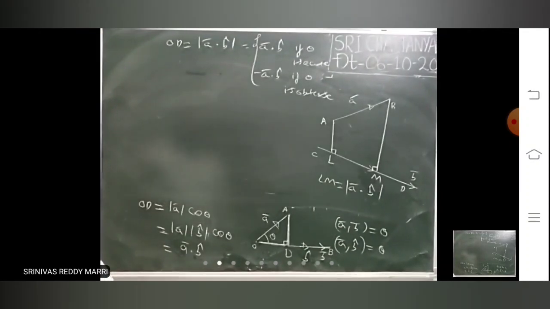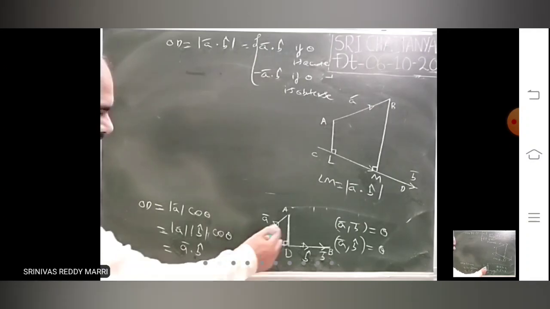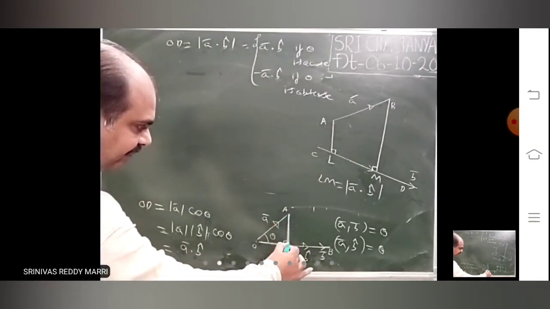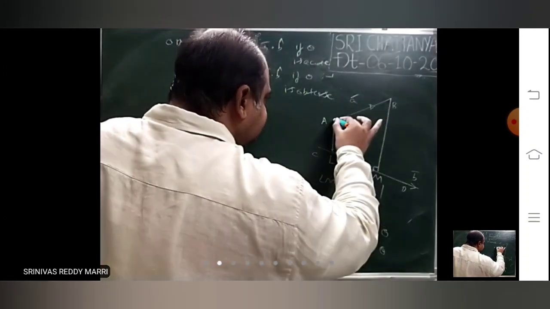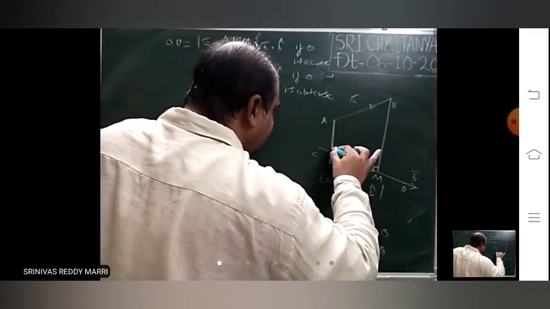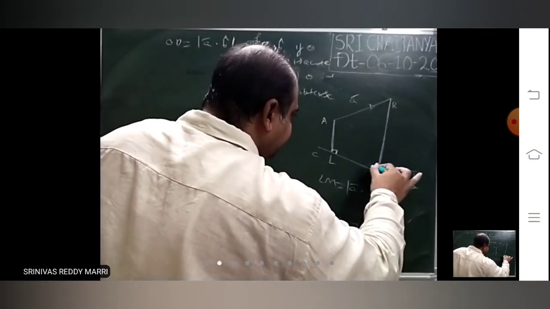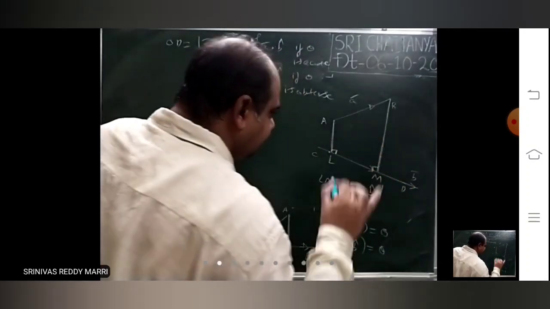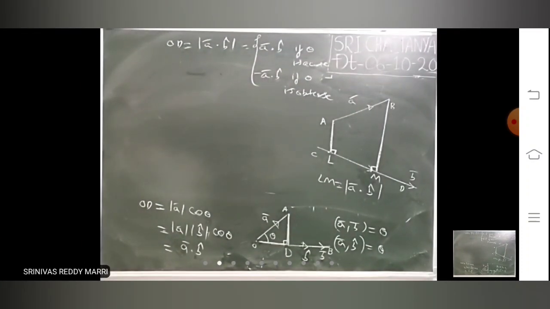So if initial points are same, the initial points will coincide and only from the terminal point we draw the perpendicular. If initial points are not same, you drop a perpendicular from the initial point and from the terminal point. This LM length is called length of projection or orthogonal projection or projection of A bar on B bar.